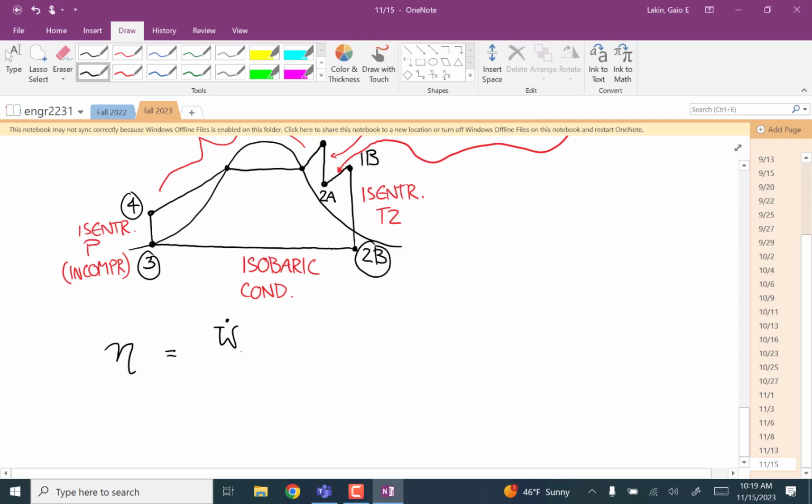You can think of that as the net rate of work done by the turbines, but we have 2 turbines now, divided by the rate of heat added at the boiler, but we have the boiler twice, over m dot.